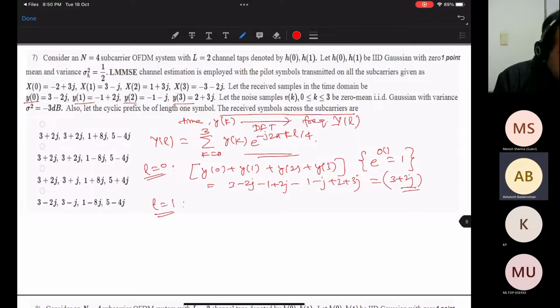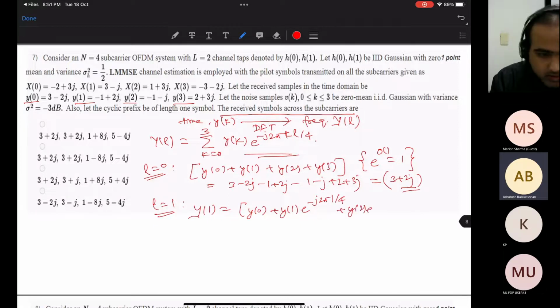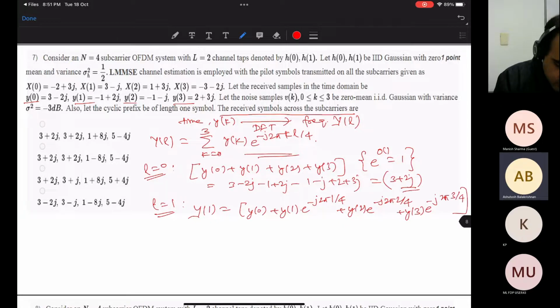For L is 1, you have Y of 1. So this is y0 plus y1 times e to the power minus j 2 pi 1 by 4 plus y2 e to the power minus j 2 pi 2 by 4 plus y3 e to the power minus j 2 pi 3 by 4, right?